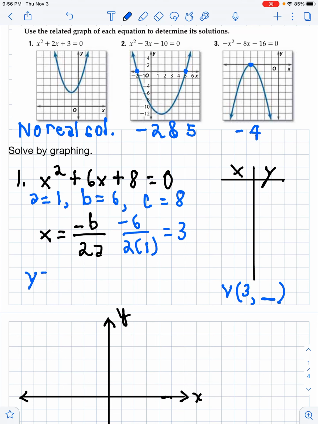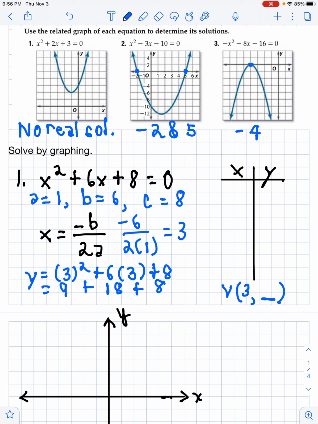So y is going to equal 3 squared plus 6 times 3 plus 8. Of course, that would be 9 plus 18 plus 8.